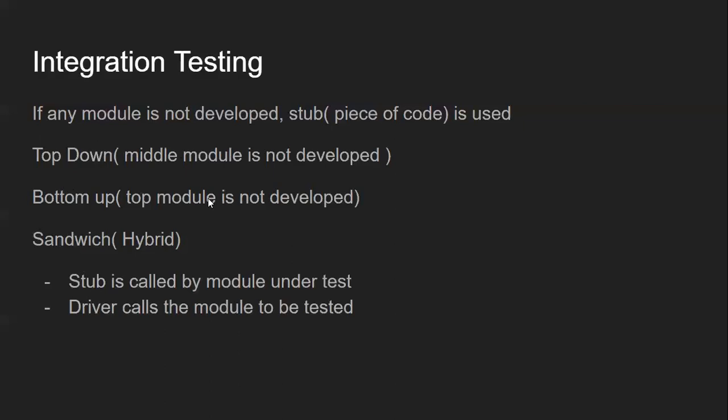Here the driver is used instead of the top module that is not developed. And sandwich is actually the combination of both. The stub is called by the module under test, as in top down, and the driver calls the module to be tested, as in bottom up. These things have to be remembered, and it's very simple as well.